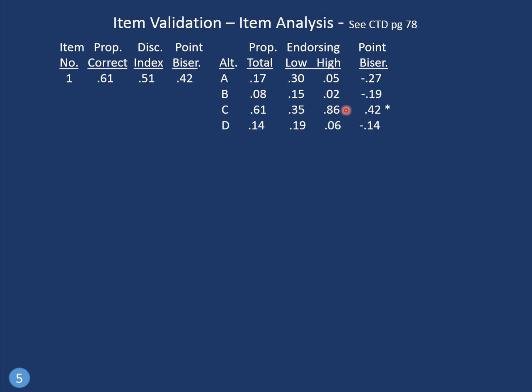This is a well-discriminating item, because more of the high scoring students, the ones who should have gotten it correct, did, and the ones who should have missed it, did. If you subtract 35 from 86, you get this discrimination index, which is 51. It will vary depending on how many students actually answer and who is in these groups. But it's a reasonable index to use to evaluate your item.